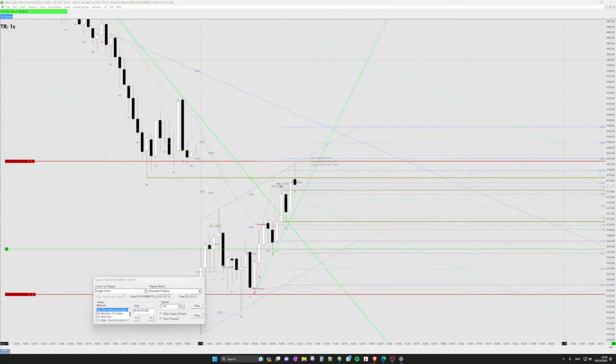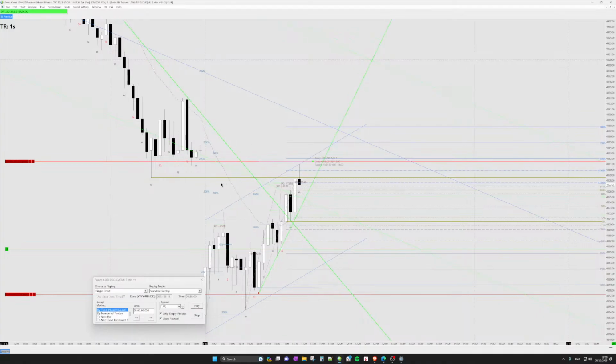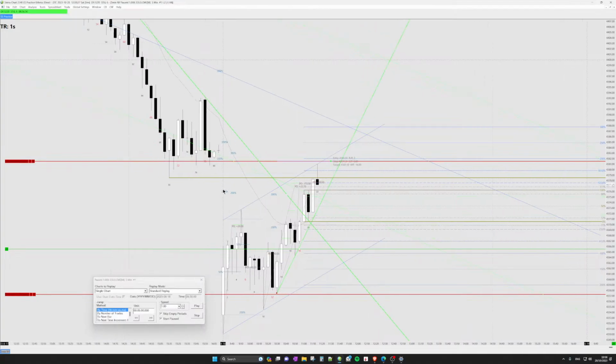Also, leg 1, leg 2 was finished. It's risky to bet on a continuation here, I think, because you are at the top of everything.